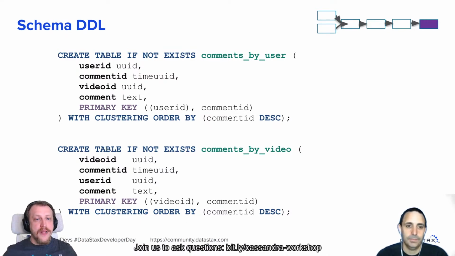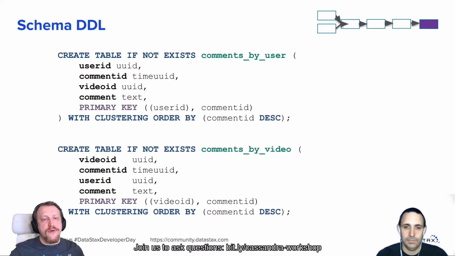And that's cool. Second point to explain, primary key consists of a partition key, which is user ID in this case, and comment ID is a clustering column. Take a look. We discussed why we have user ID as a partition key. Yes, because we partition our data by user. In this case, it's a table comments by user.